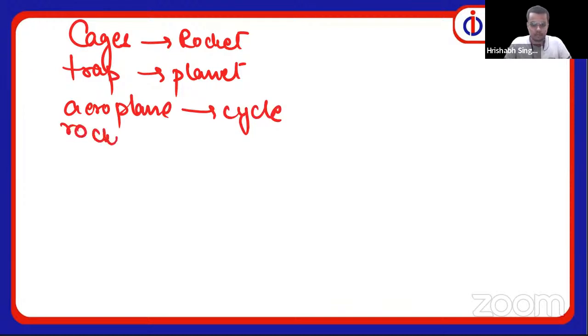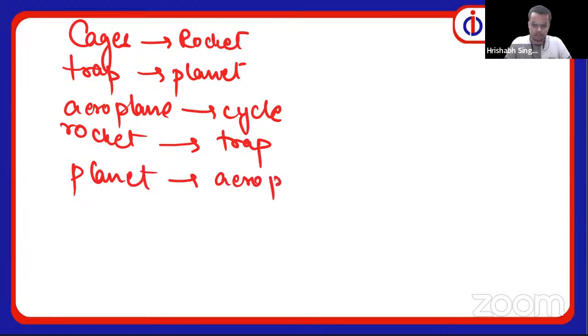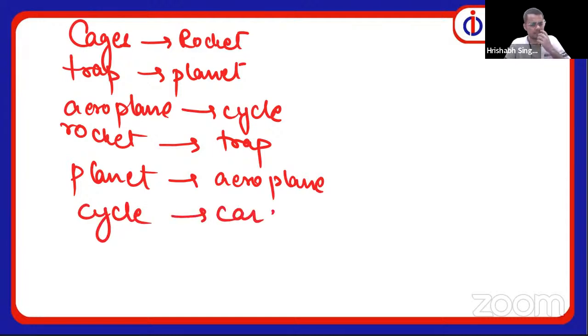Rocket is coded as trap. Planet is coded as aeroplane. And cycle is coded as car. Means in a language, cages are called rocket, trap is called planet, aeroplane is called cycle, like that.